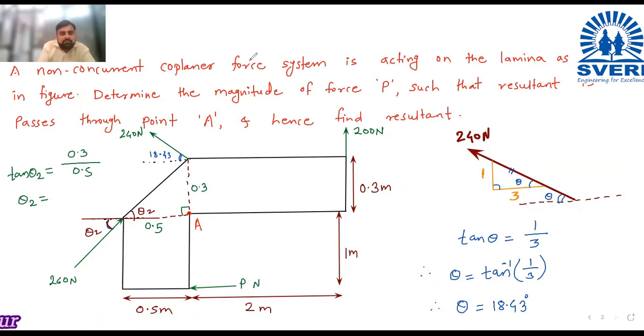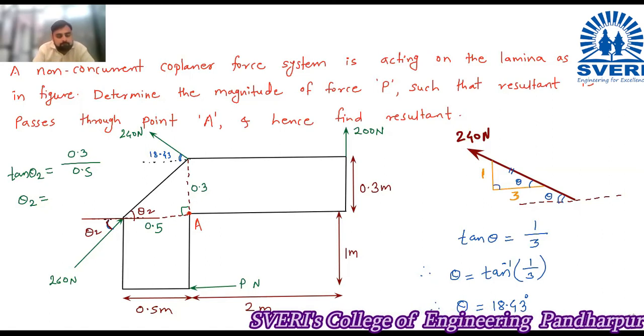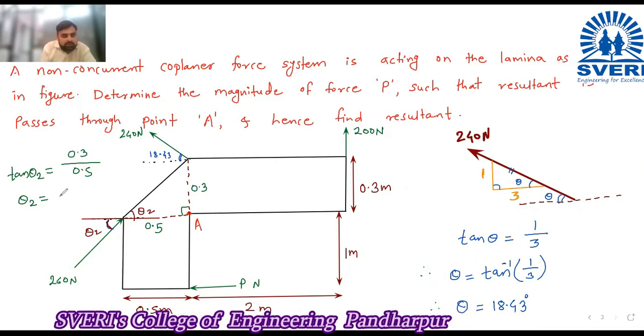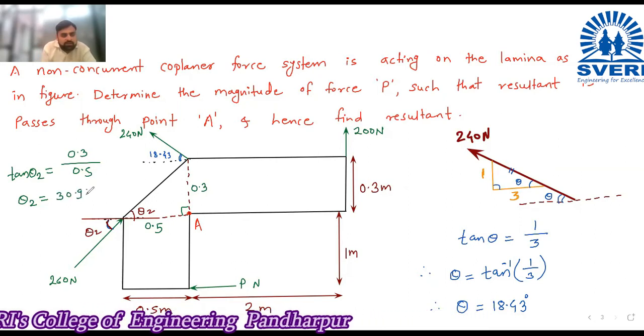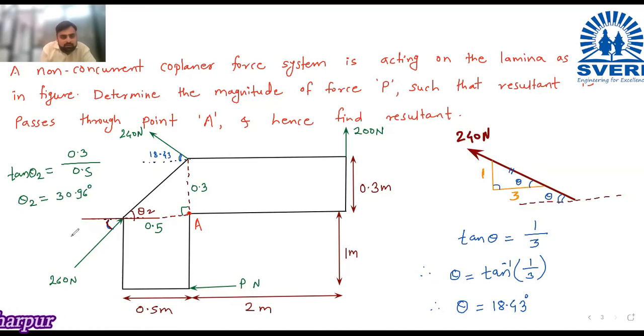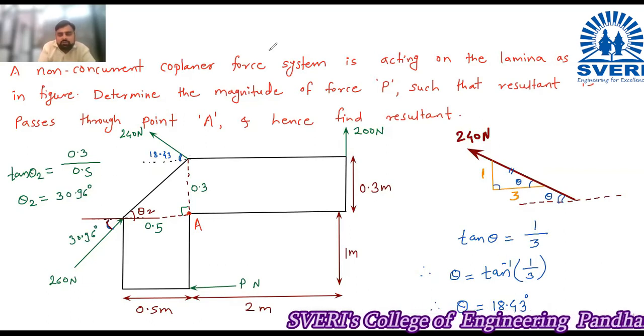It is 30.96. Okay, so 30.96 degree is this angle. So this angle theta 2 is 30.96.